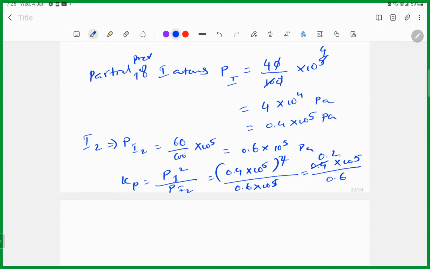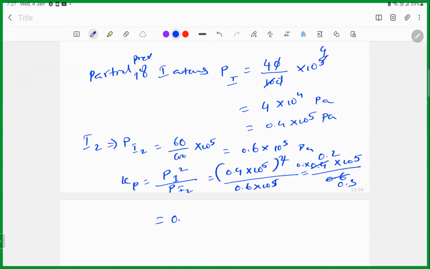So 0.2 by 0.3. What is the value? Oh, hello. 0.4 into 0.4 is there, no?